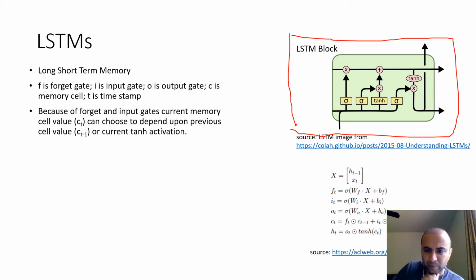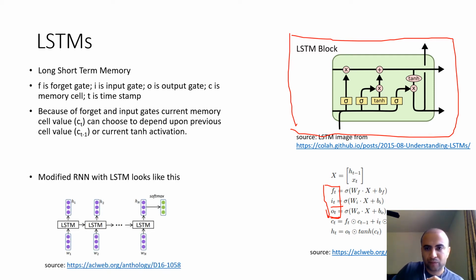The main feature of an LSTM block are these three gates. F stands for forget gate, I stands for input gate, O stands for output gate. So what it does is the information is captured in a block called cell.